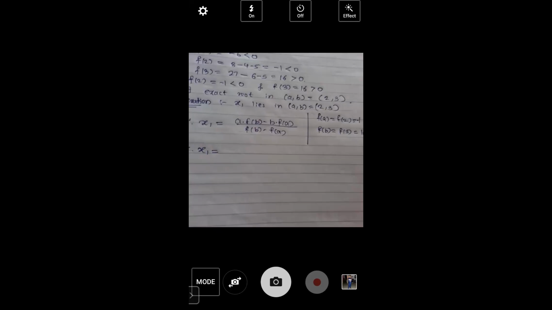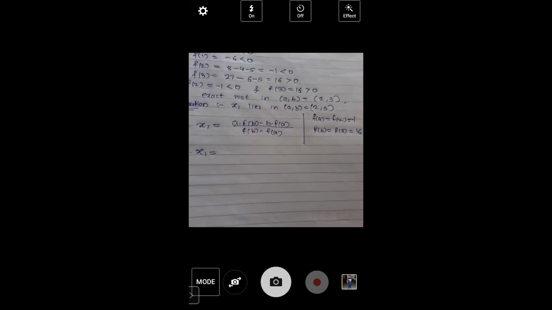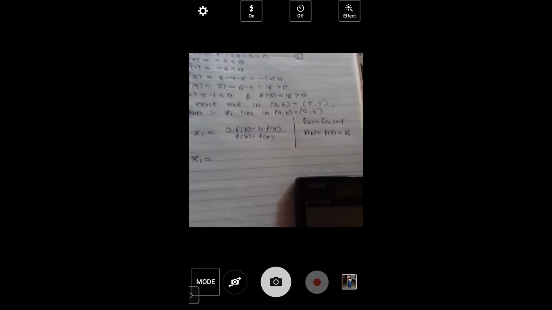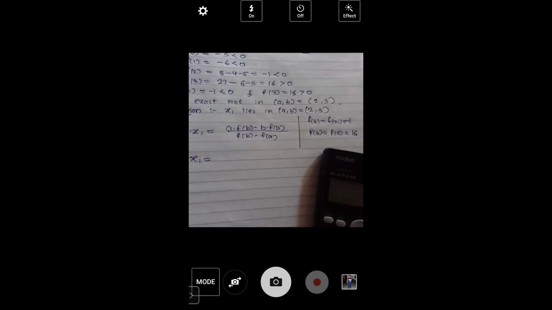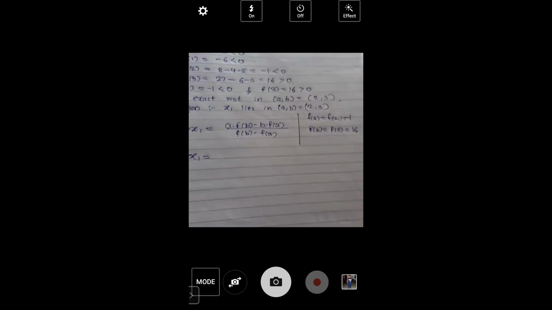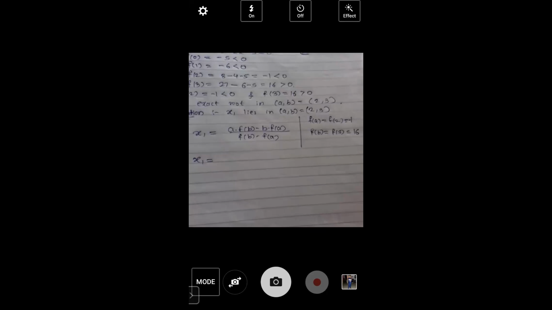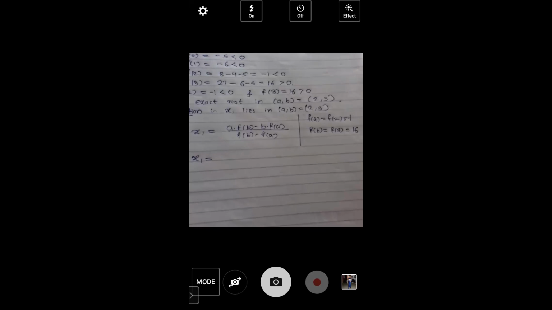x1 काय ते सांगा. कॅल्क्युलेटर घ्या पटपट आणि कॅल्क्युलेशन करा. Take out the calculator. A into f of b: a means 2 into 16, 32.